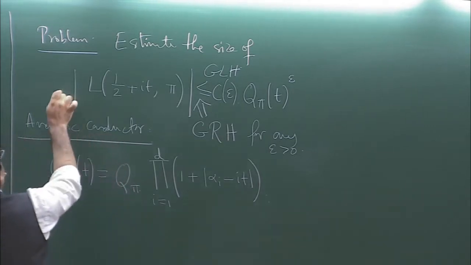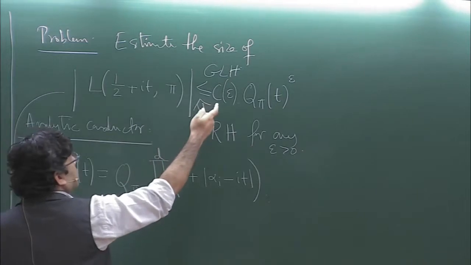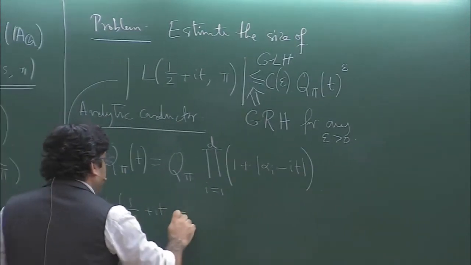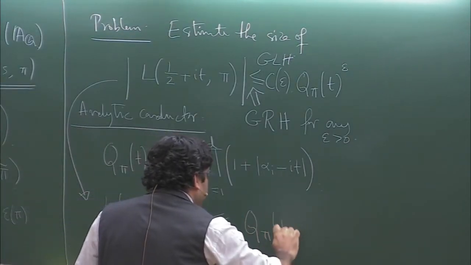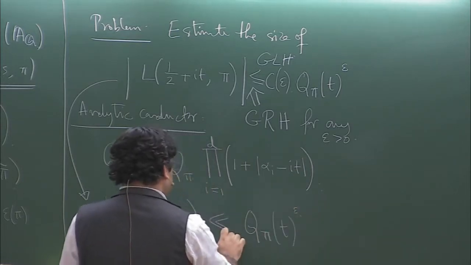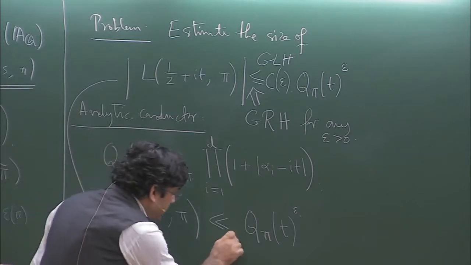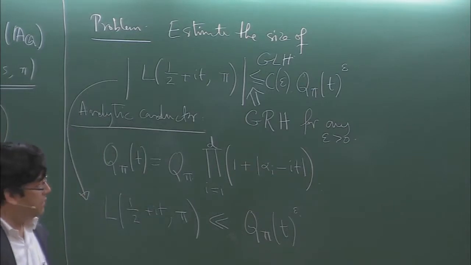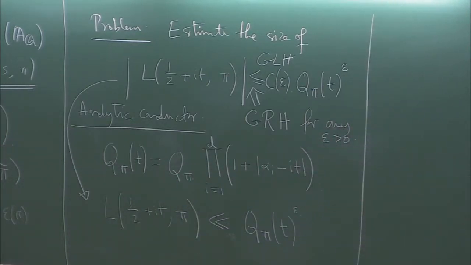The usual notation is that we don't mention the constant: we write L(1/2 plus it, pi) is much less than q_pi(t) to the power epsilon, sometimes with an epsilon subscript to mean that the implied constant depends upon epsilon. Anyway, that's the Lindelof hypothesis, which seems to be as difficult as the Riemann hypothesis.